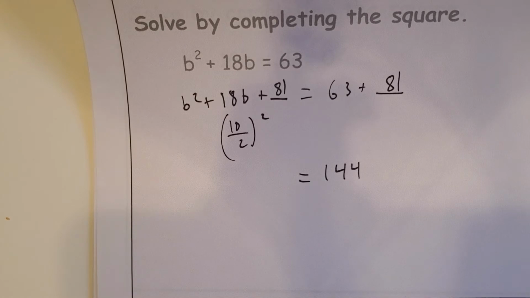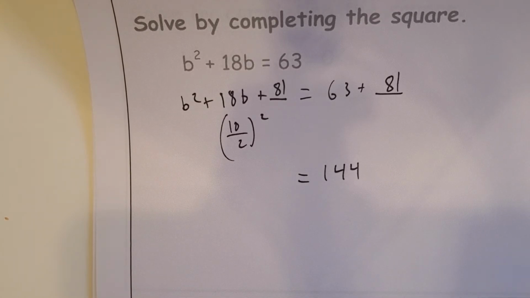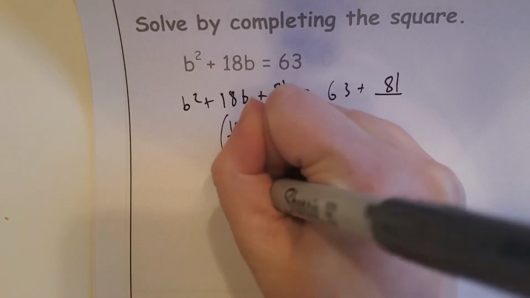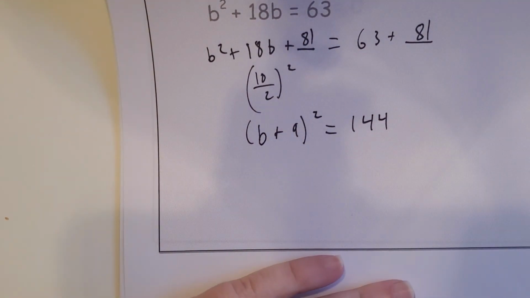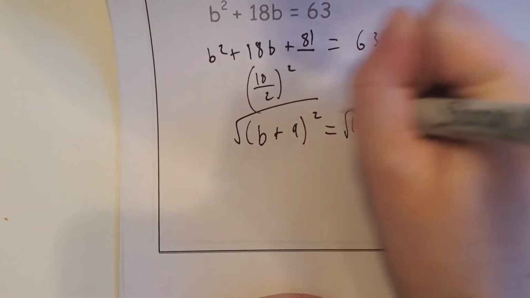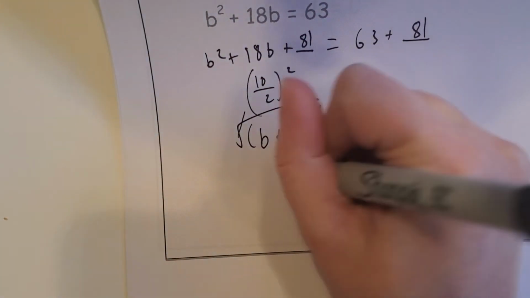And I'm sure you guys remember, b plus 9, b plus 9, if you have this exact same set of parentheses twice with the same sign, same number, same everything, you can condense it, you can simplify it to say b plus 9 squared. And now this is exactly the same as before. It's a solving by square root problem. You take the square root of both sides.